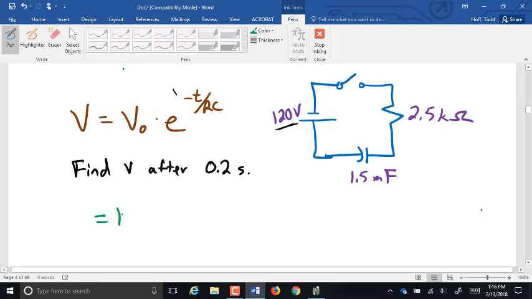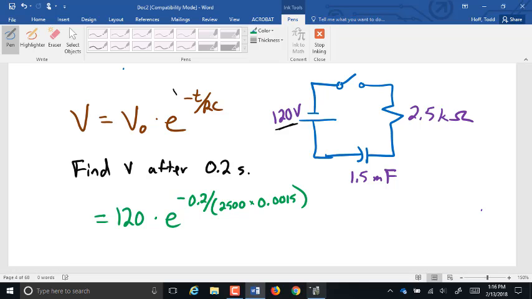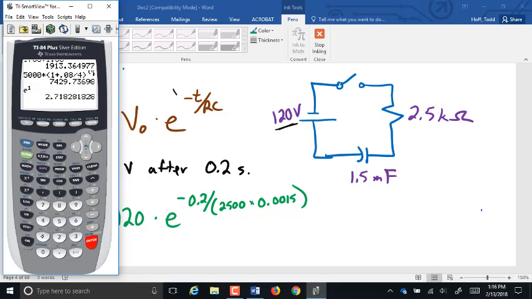So our initial voltage was the full 120 volts times e to the power of negative 0.2 divided by 2,500 ohms, 2.5 kilo ohms, times 0.0015 farads. So I have 120 times, I have to do that second ln or second e to the power of, and then I'm going to do in parentheses.